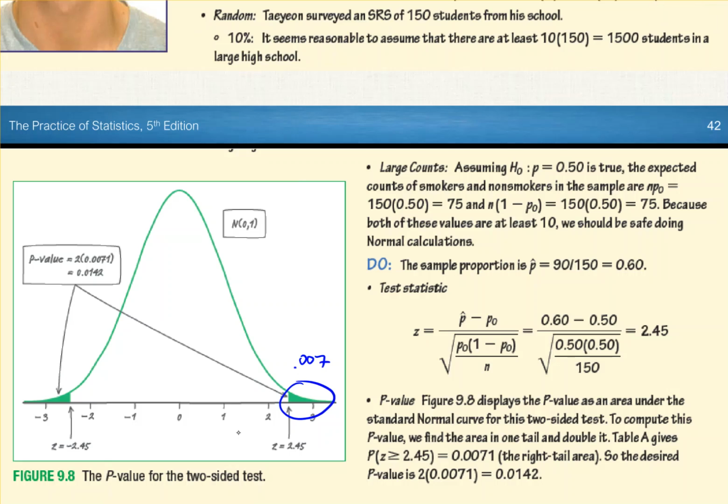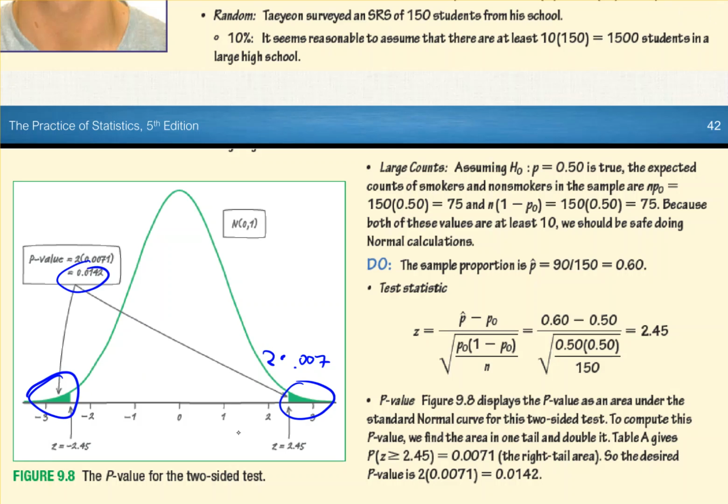Now, the alternative claim is not that it's higher than 50%. It's just that it's not 50%. So we end up having to use both tails, and we also need to calculate that area. The normal curve is symmetrical, so we get to take 2 times that value, and that's where they get this 0.0142.